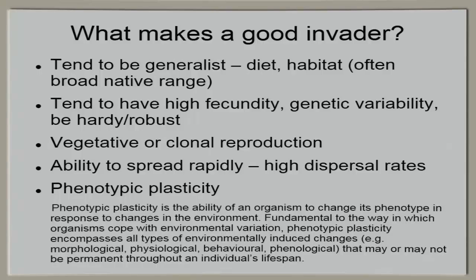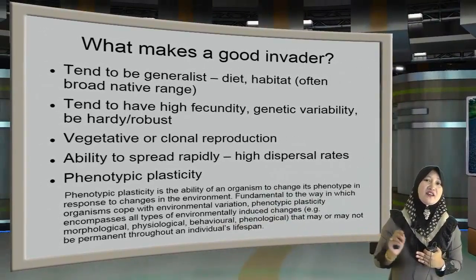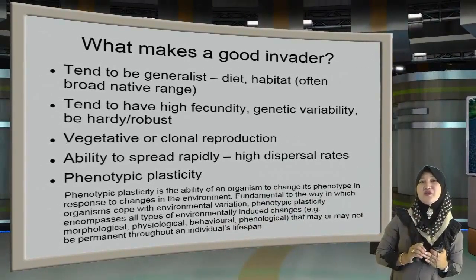Number one is to be a generalist. Your diet and your habitat often must be broader than the native range, meaning to say, in your diet you need to not be picky. You need to be general. You eat everything, then you can be a very good invader. So what about habitat? You cannot be picky about where you want to sleep, where you want to stay. You can stay anywhere. Then you can become a very good invader.